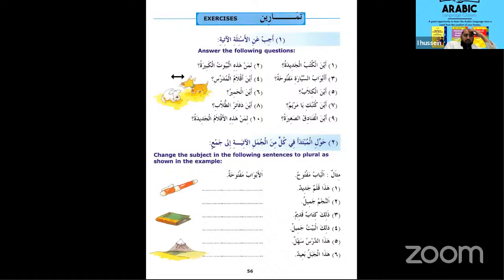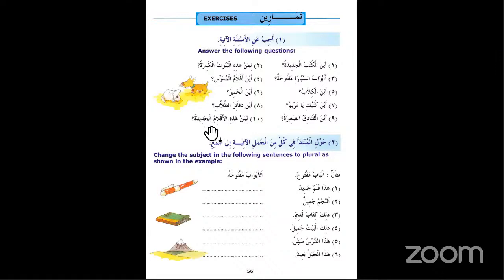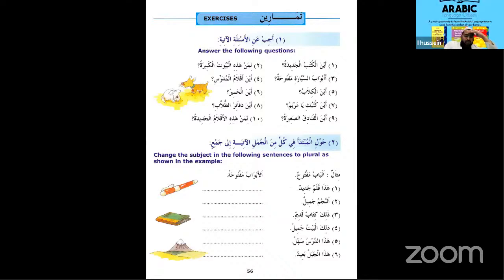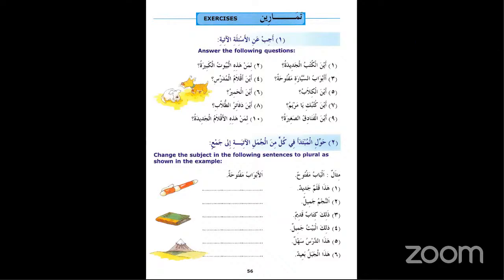Bismillah. Aina al-kutubul jadidatu. Where are the new books? Here ala sariri, on the bed. Correct. Liman hadihi buyutul kabiratu. For whom are these big houses?